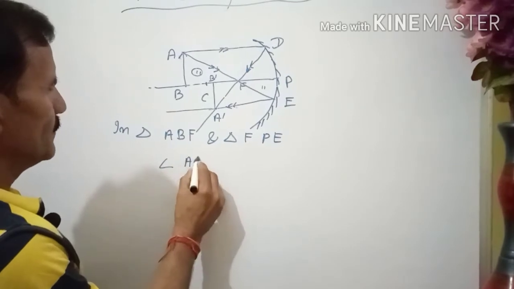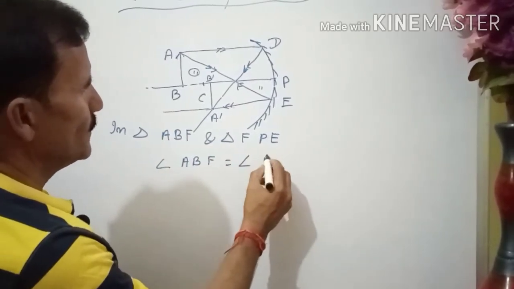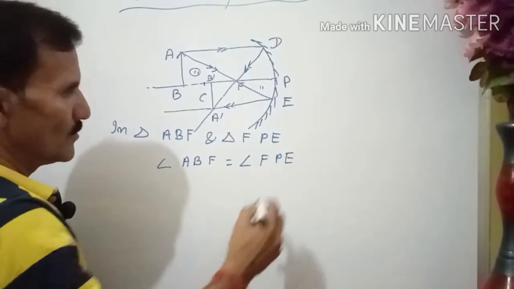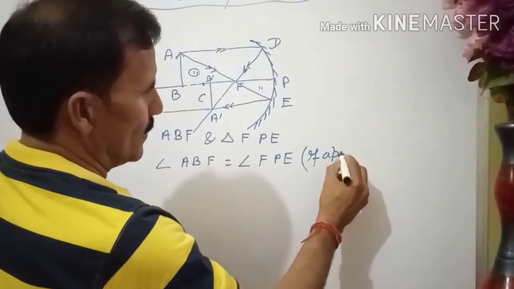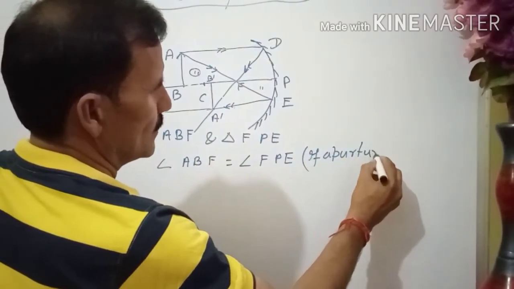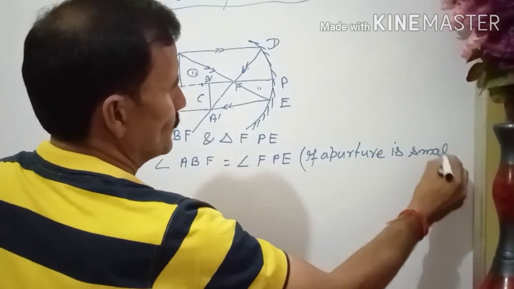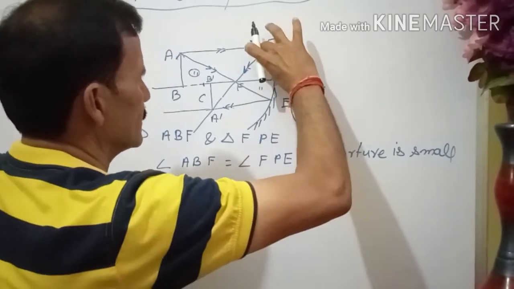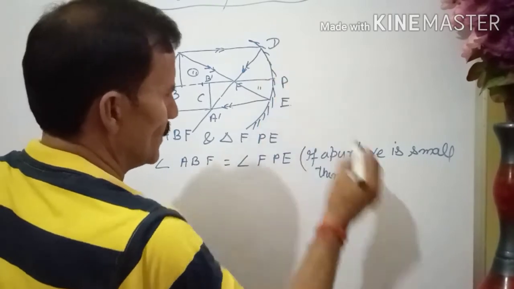Angle ABF is equal to angle FPE. Why? If the aperture is small, then what will happen? Then this is just like a straight line, so it will become 90.